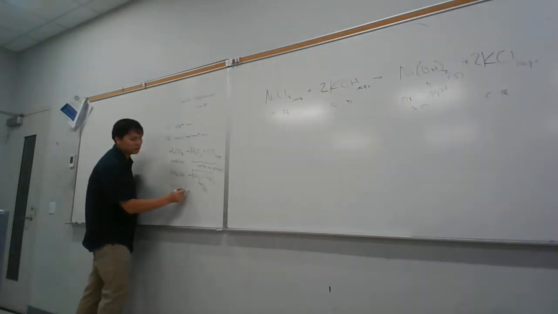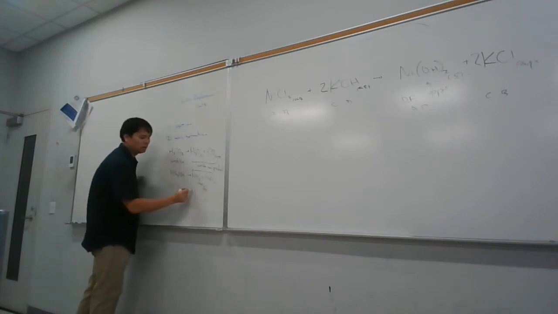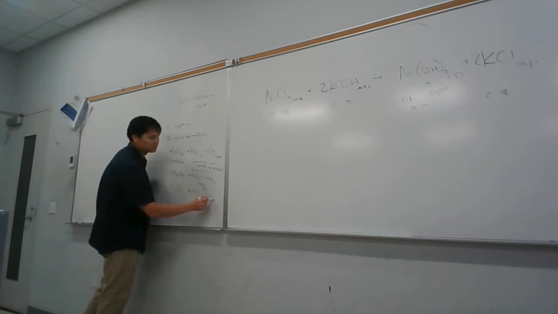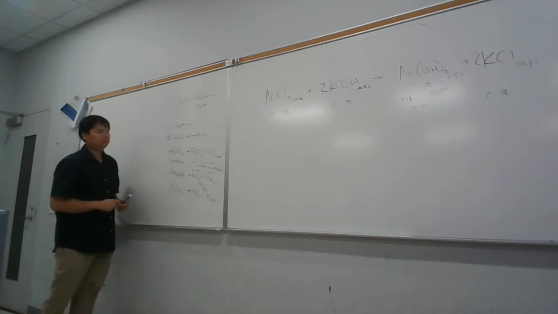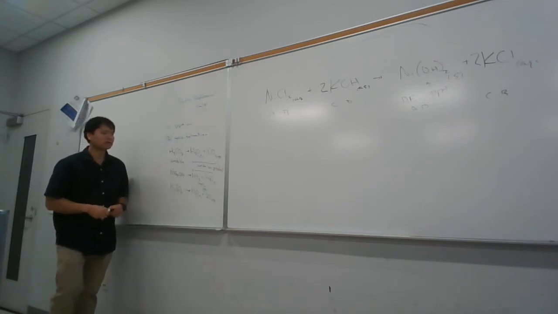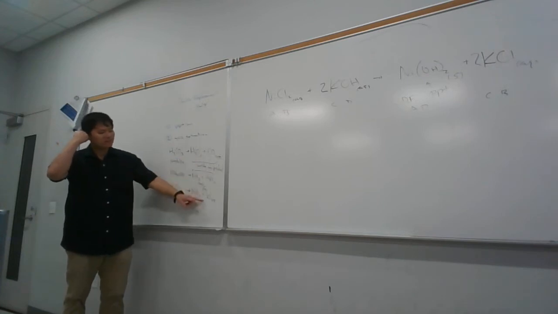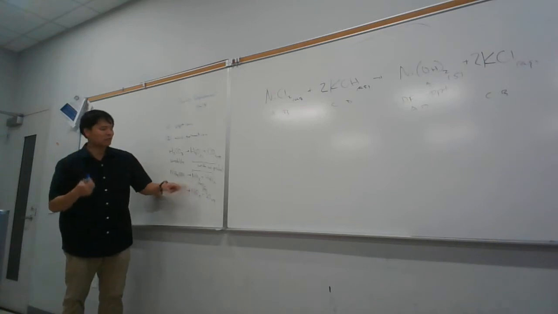Sulfurous acid, unfortunately, is also unstable, and it decomposes into water and SO2, sulfur dioxide gas. Ammonia is also a gas, but the difference is CO2 doesn't like water, and SO2 doesn't like water that much. Ammonia likes water.